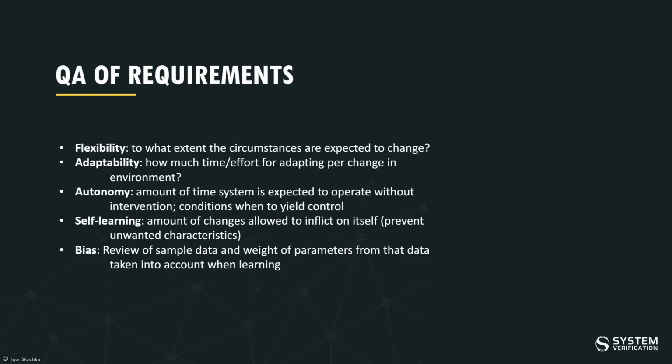The bias. The requirements for bias are not as solid and clear as all the previous ones, but the requirement might be more related to the data, to the training data that we have, and we need to see what the quality of it is, what the sources of the data are, and of course analyze the weight parameters from the algorithm that is analyzing this data.